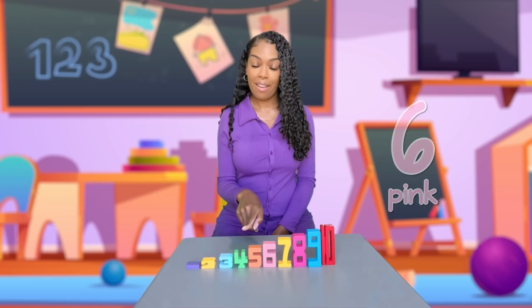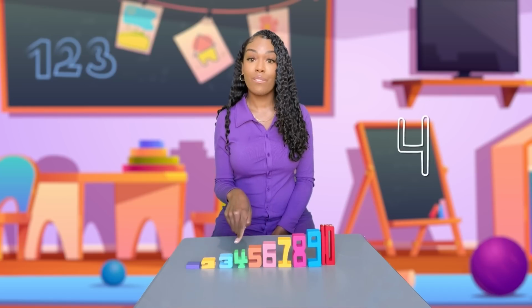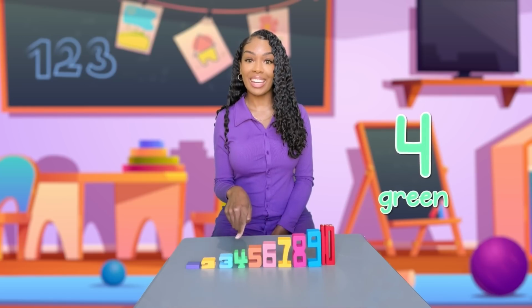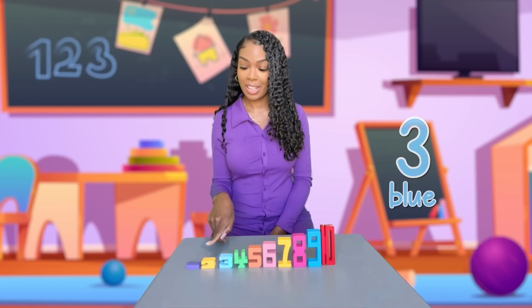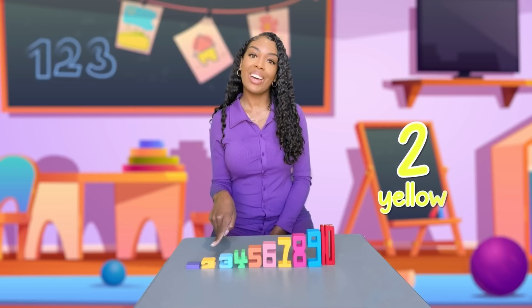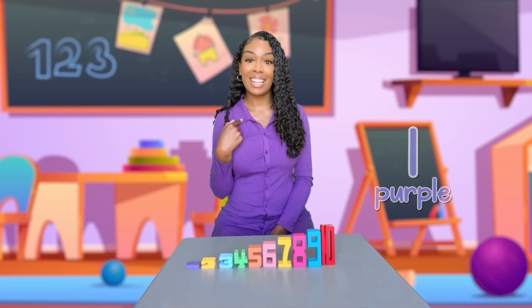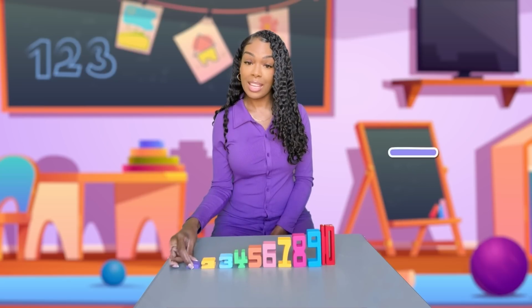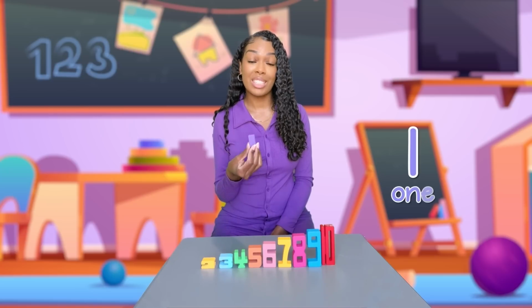Pink. 5. Orange. 4. Green. 3. Blue. 2. Yellow. And 1 is purple, just like my dress. This number 1 is laying sideways, but it represents the number 1.